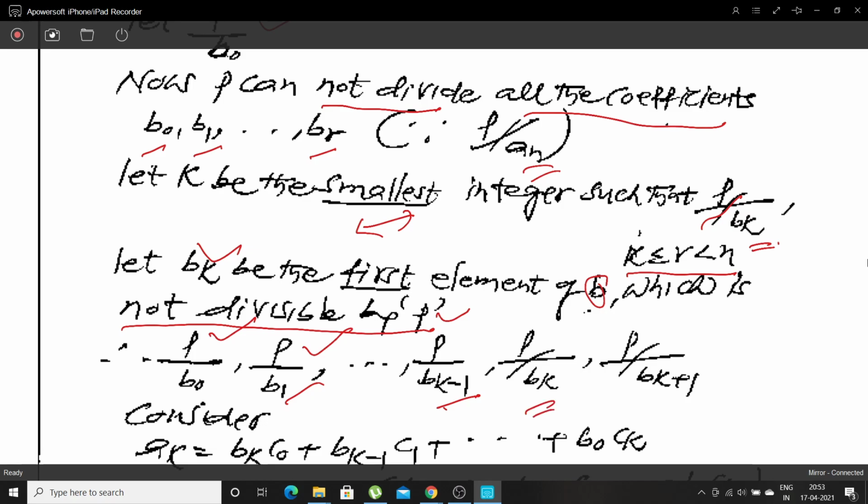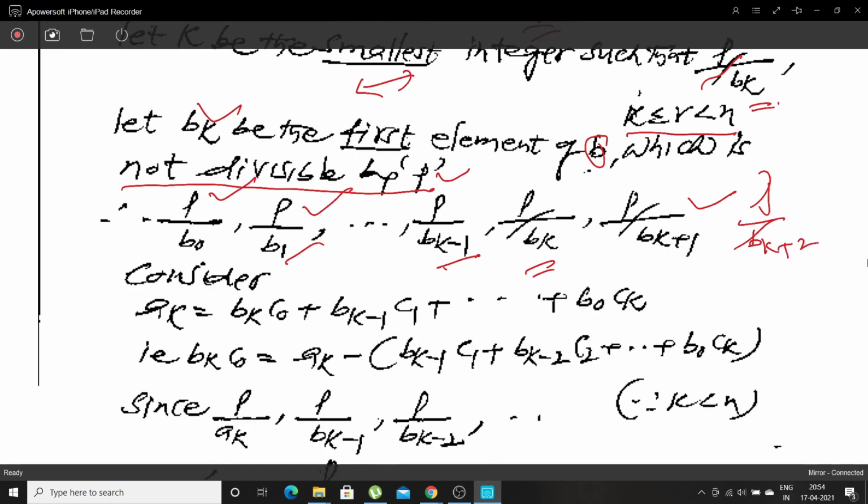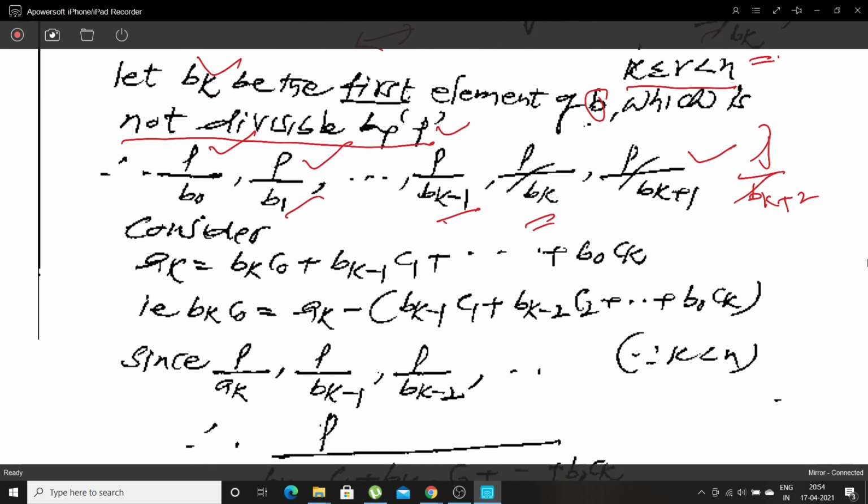Since p does not divide bk, the higher terms are also the same. That means p does not divide bk plus 1, p does not divide bk plus 2 and so on. Let me take the coefficient of x to the power k, that is ak.